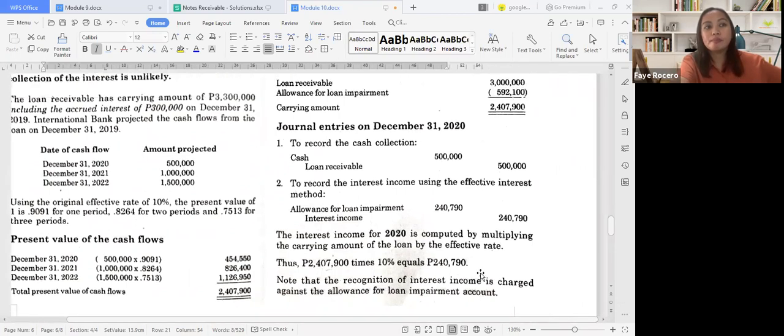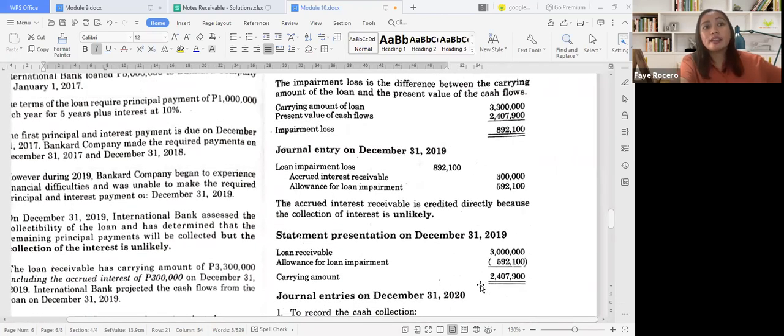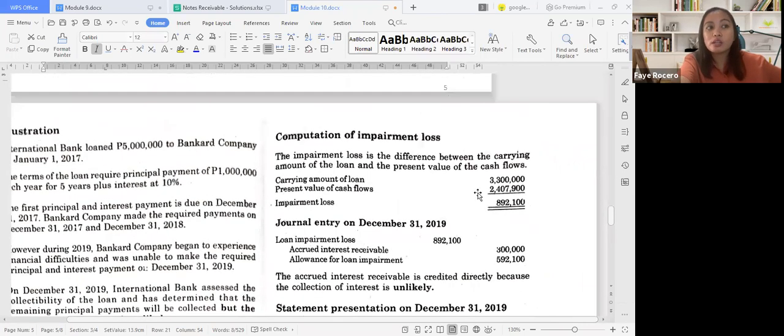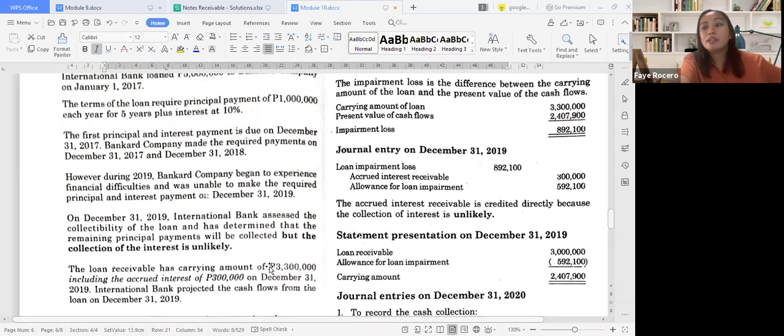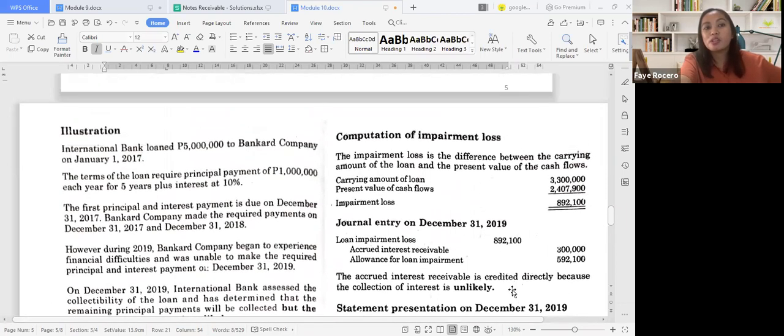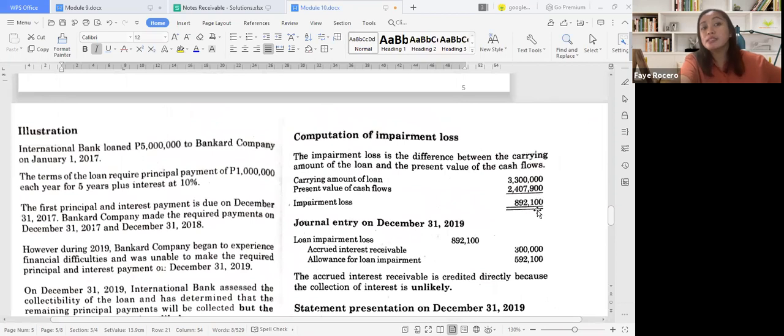2,407,900. And then we compare it with the carrying amount of the loan. According to the problem, the carrying amount is 3,300,000. So therefore, the impairment loss that we will recognize is 892,100.